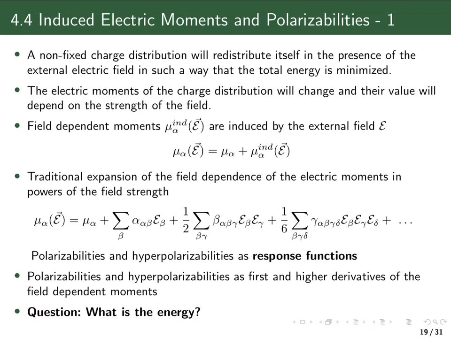The second hyperpolarizability is a cubic response function, and so forth. Correspondingly, of course, the components of the polarizabilities are first derivatives of the field-dependent dipole moments with respect to the components of the field, and the hyperpolarizabilities are then second derivatives, and the second hyperpolarizability are third derivatives.